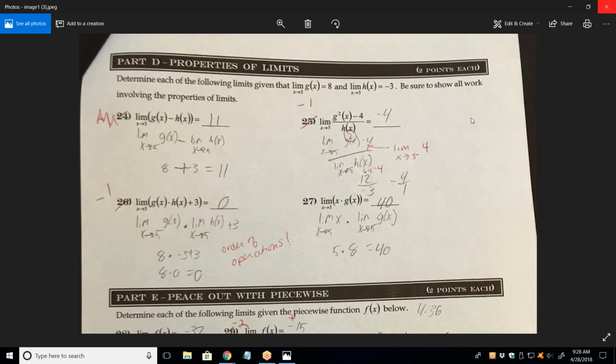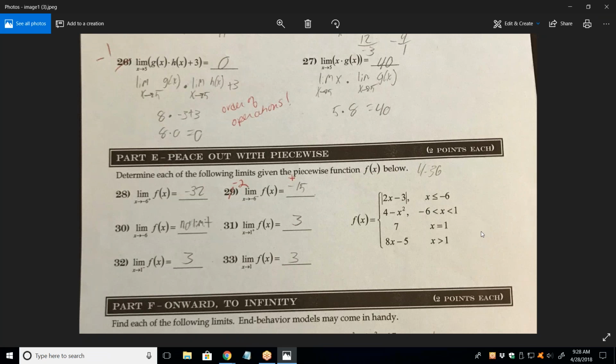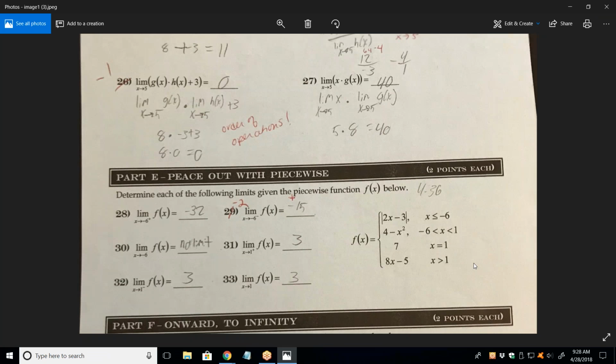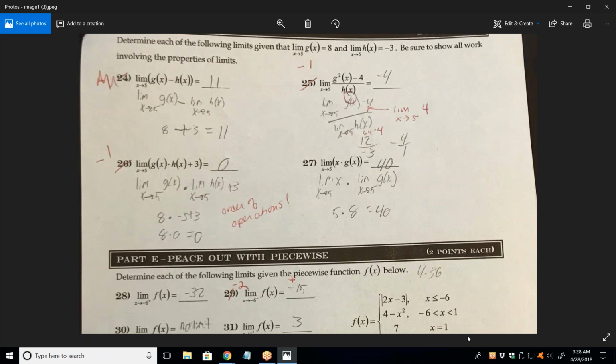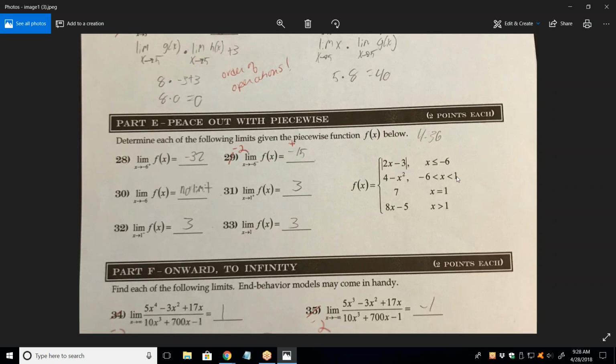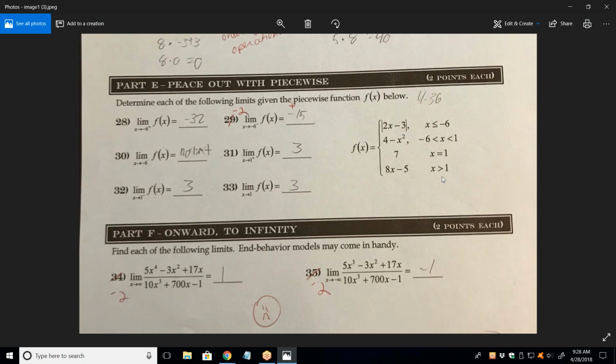Let's scroll down. So I lost... Good with 27. Yeah, 27's all good. Okay, let's look at 29. I lost 2 points for having an incorrect sign. Okay, let's look at this.